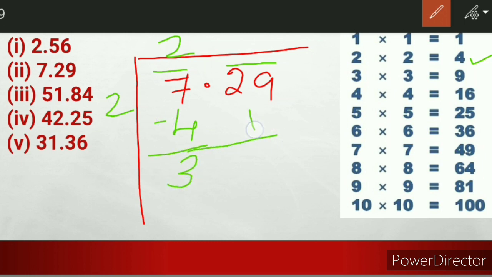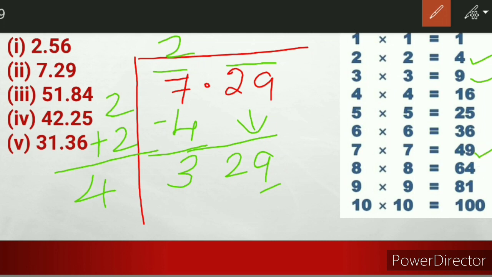Then bring down the group 29. Add the same unit digits: 2 plus 2, 4. For the new dividend, 9 is the unit place. 9 has square numbers 9 and 49, so I'll select 7 directly. 47 into 7: 7 sevens are 49, 4 carry. 7 fours are 28 plus 4 is 32.